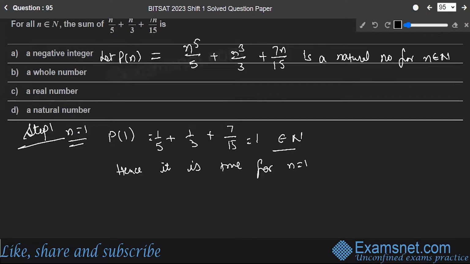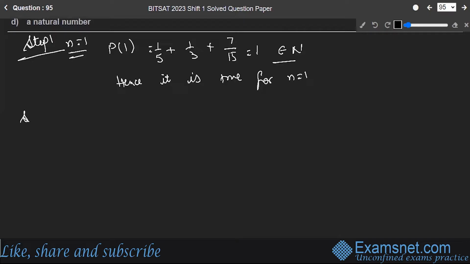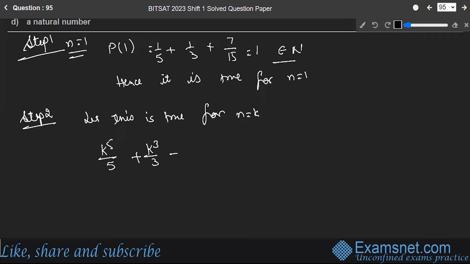Now step 2, let's assume this is true for n equal to k. So that makes k power 5 upon 5 plus k power 3 upon 3 plus 7k upon 15 equal to, let's say, some lambda which belongs to the natural numbers.